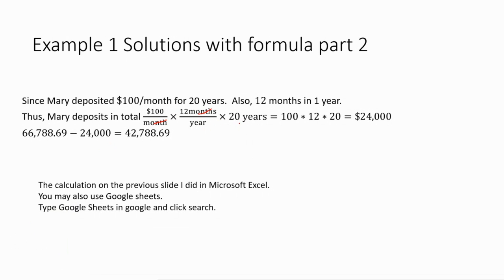And this is going on for 20 years, so these units cancel. All we're left with is the dollar unit. It's just a factor label method. You could use proportions, but that probably would take longer. So altogether, we get $100 times 12 times 20, which is $24,000.